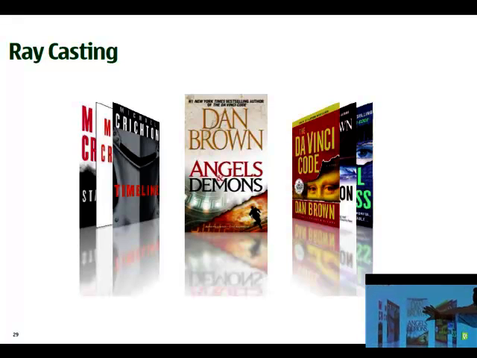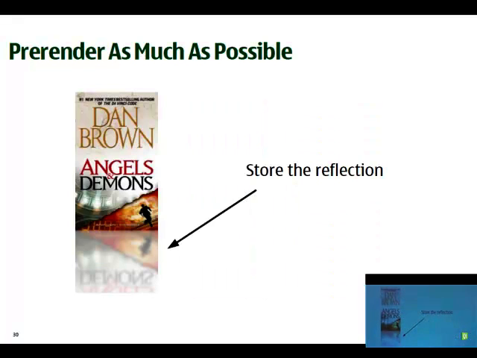So if you see here, this is the cover, and you see the reflection here, all with the blur effect, just like what I mentioned before. That's nice, but when you render in real time, you don't want to create this reflection, with all this linear gradient, opacity and blur effect, on the fly because it will just be expensive. So what you can do is you just store it. At the beginning, when you launch the application for the first time, you have this cover, so just create the reflection when you load it, not when you display it, and then save this reflection together with the image.